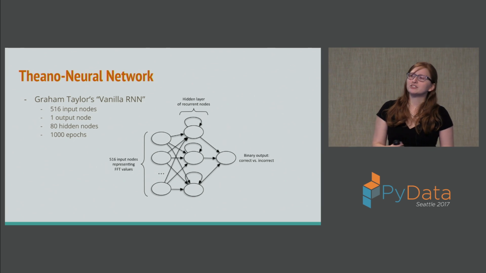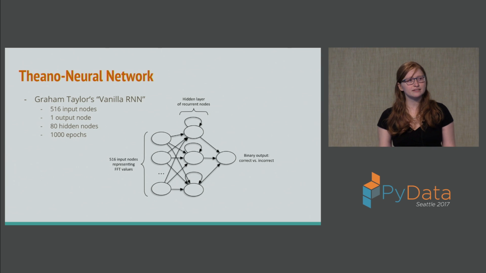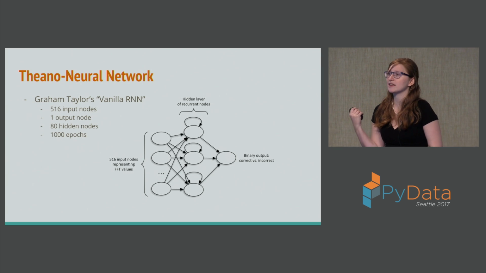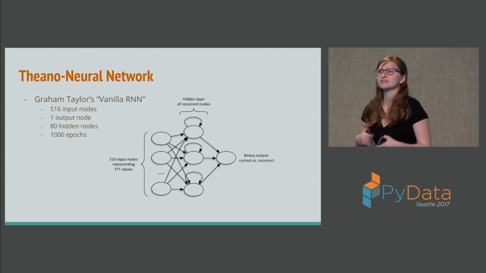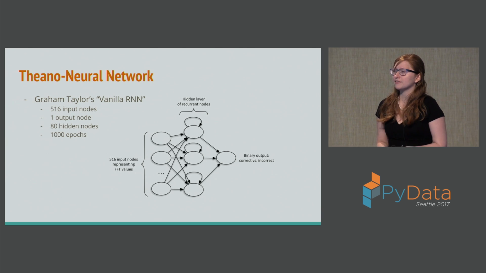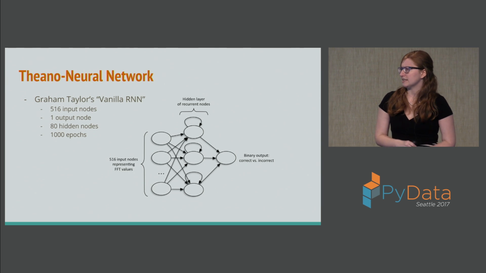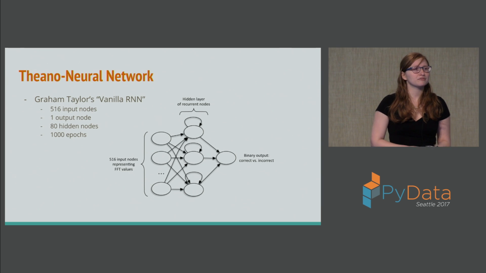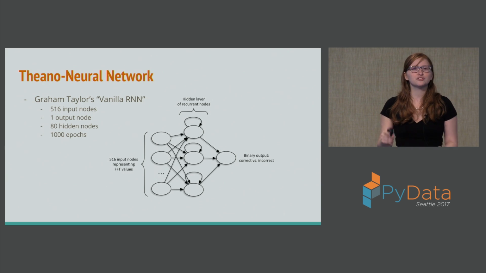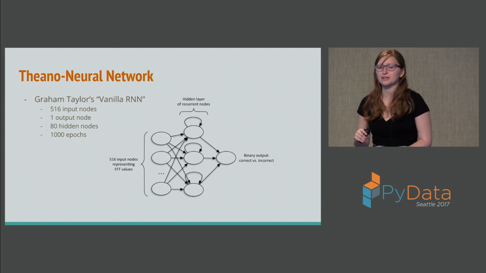So originally, I wanted to use raw FFT values. Because of that previous research that said wavelet was best, I was like, let me just see what happens with FFT instead. So you may be confused by the 516 input nodes. Well, for the raw FFT, for every single signal, because there were 4 of them, it had 129 when it got converted into that space.